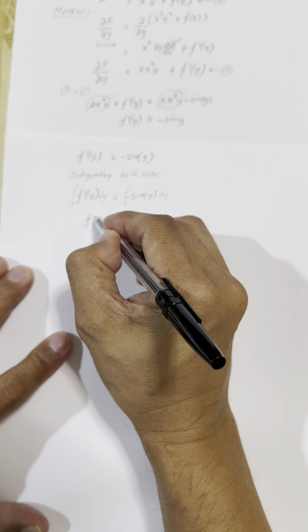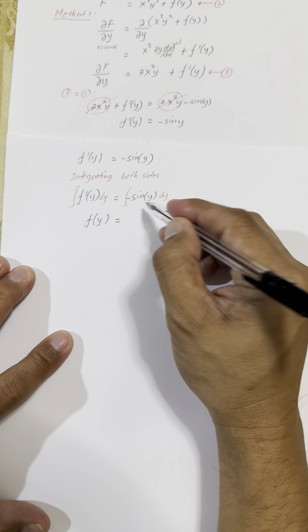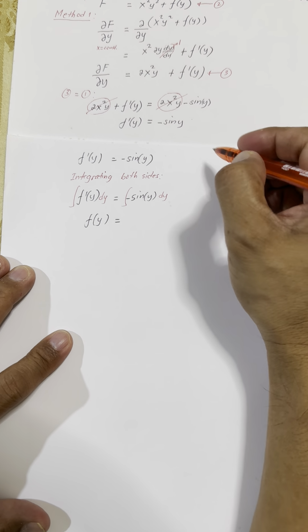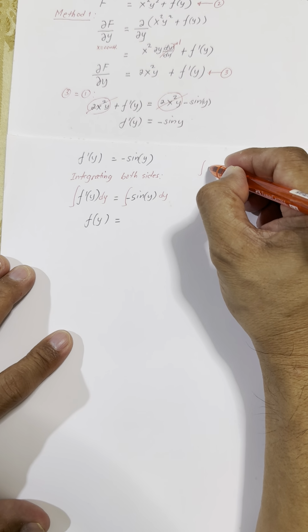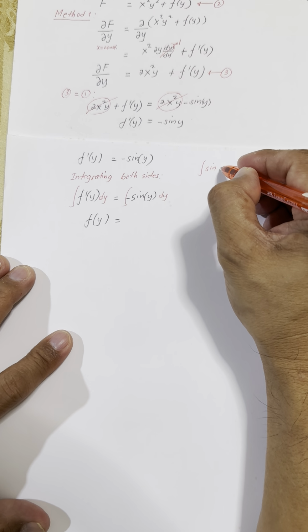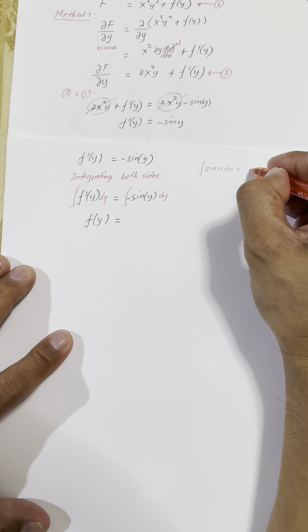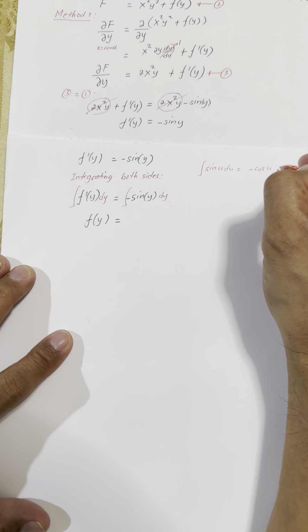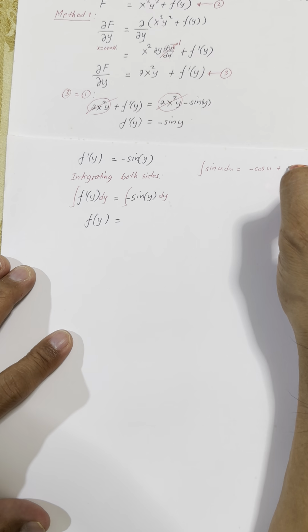So this will be f of y equal to, so we have to use the formula of the integral of sine u du is equal to minus cosine u plus c. Okay, so we can call that c.